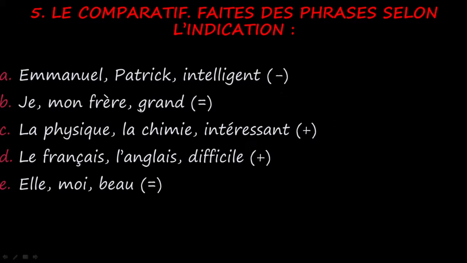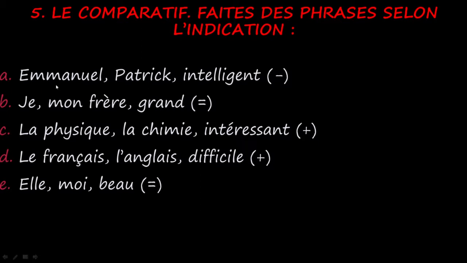Okay, so voilà. So Emmanuel, Patrick, intelligent. So we got a minus symbol. So what they want is like Emmanuel is less intelligent than Patrick. In English, we'll be using less, right? Even in English, you can see we use is. The verb is a must, right?